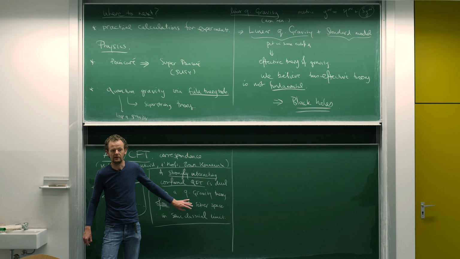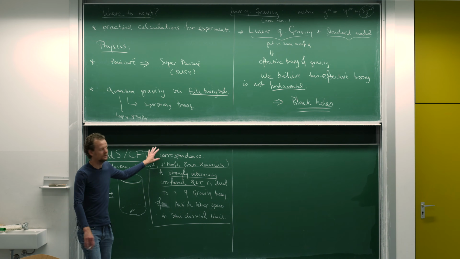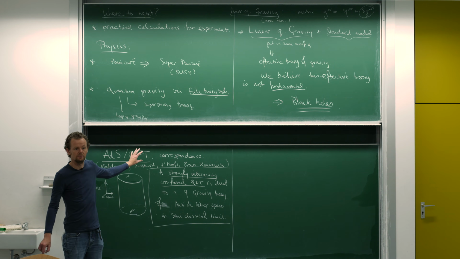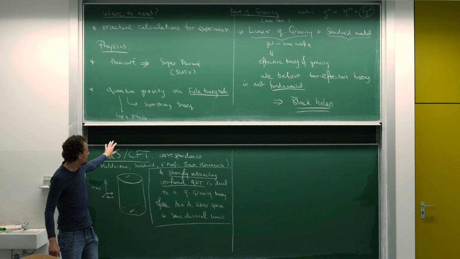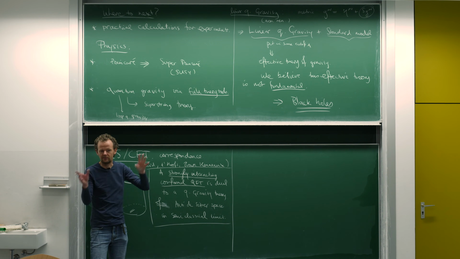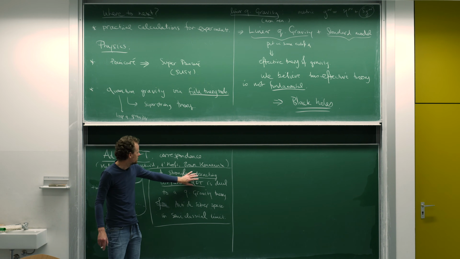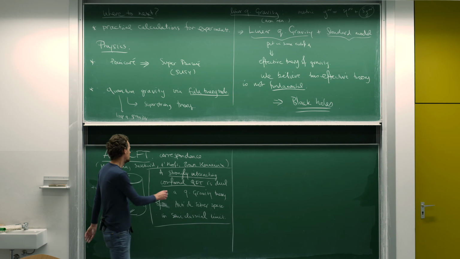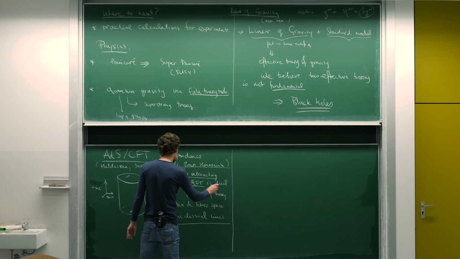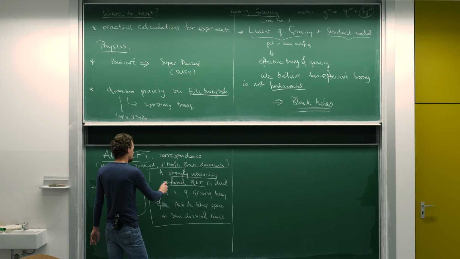And so one interpretation of this AdS-CFT correspondence is that this is a definition of what a quantum gravity theory is. According to a certain dictionary of things, to every observable in this, I didn't say the word boundary here.